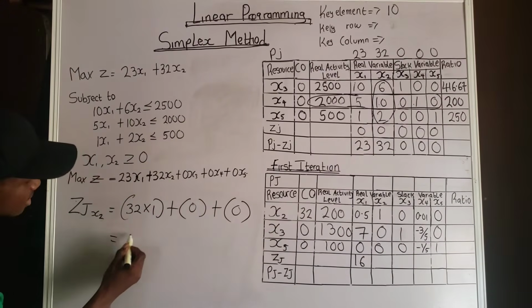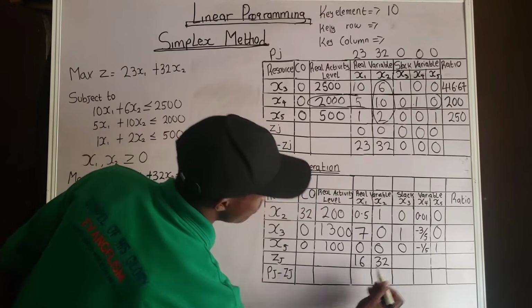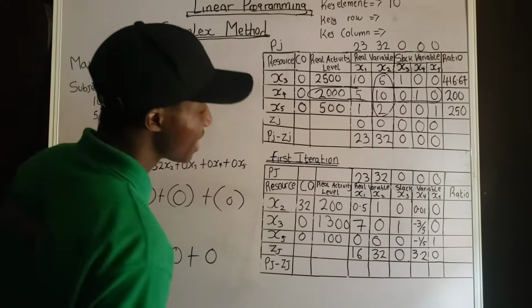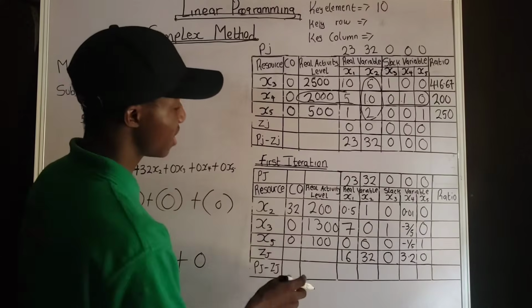So that is 32. So the zj of these cells is what? 32. Using the same approach, you are going to get the zj value of x3, x4 and x5 respectively. Just follow the same step. Okay, now we can evaluate our pj minus zj, which is the net evaluation.